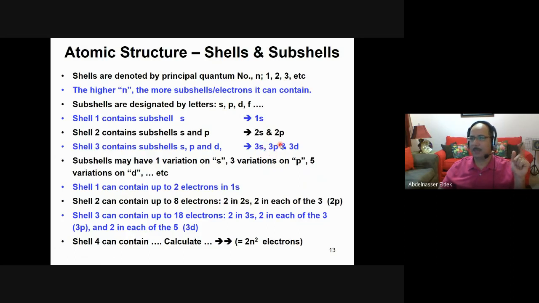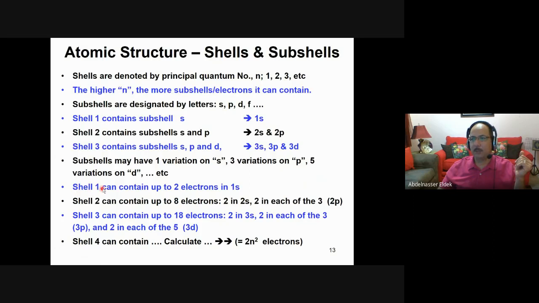This one has 3P1, 3P2, 3P3. And then 3D will have 5, so it will be 3D1, 2, 3, 4, 5, and so on. So the subshell may have one variation on S, 3 variations on P, 5 variations on D, 7 variations on F, and so on.